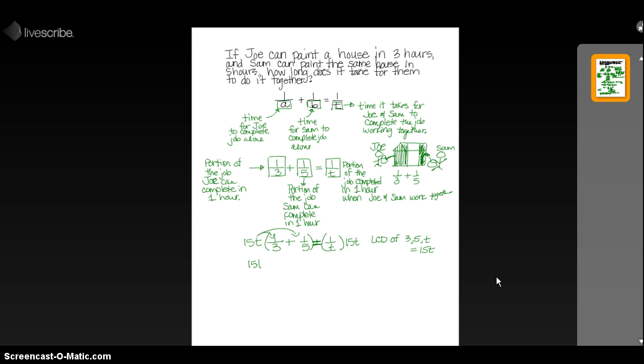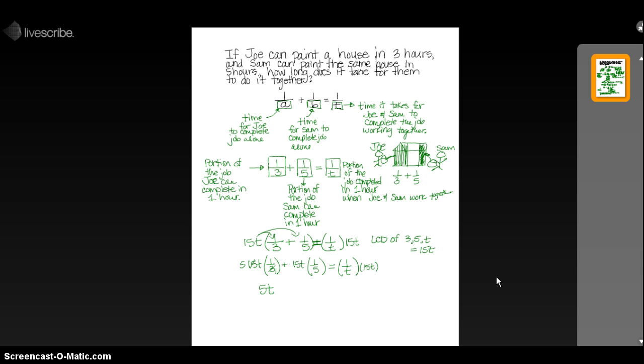So I'm going to get 15t times 1/3 plus 15t times 1/5 equals 1 over T times 15t.